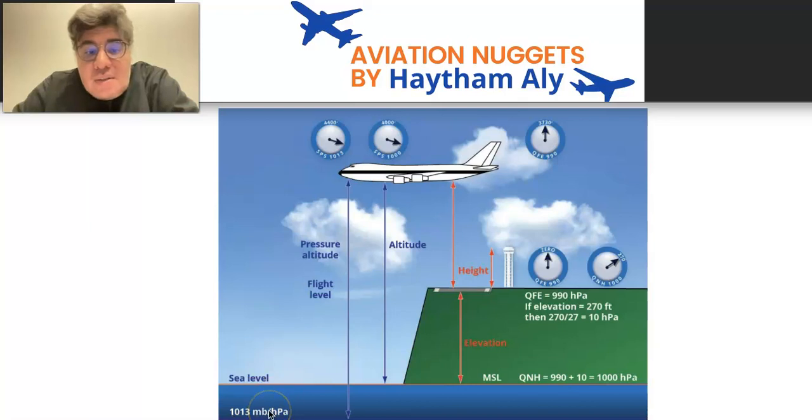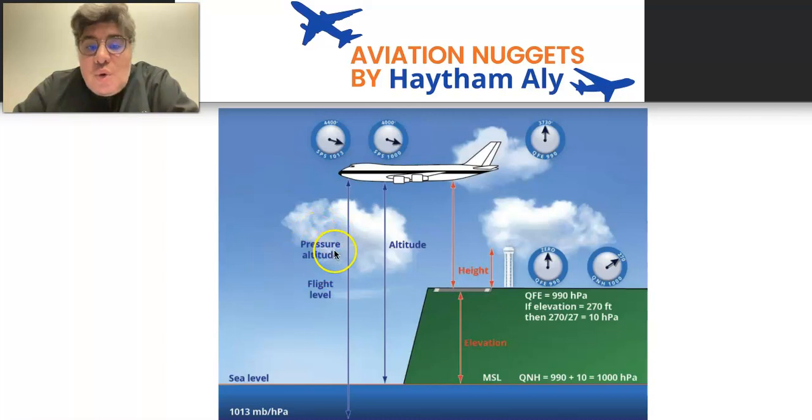Okay, so what about the 1013 hectopascal? This is the altimeter pressure setting that the pilot will put after passing the transition altitude. In that case, the pilots are seeking, most importantly, vertical separation between other traffic. So all the aircraft flying over the transition altitude must put the altimeter pressure setting at 1013, which gives the pressure altitude.